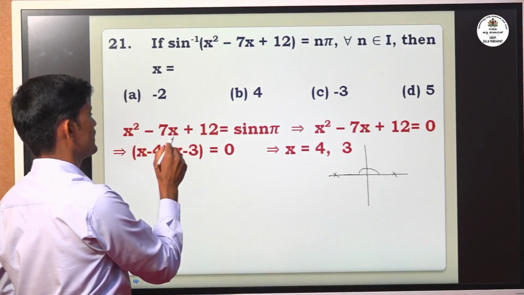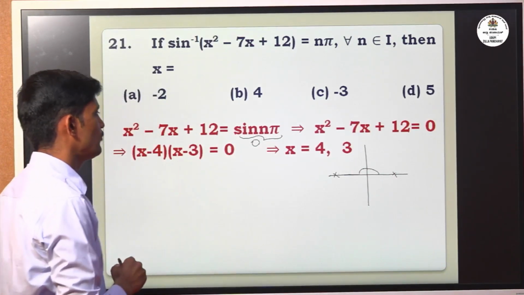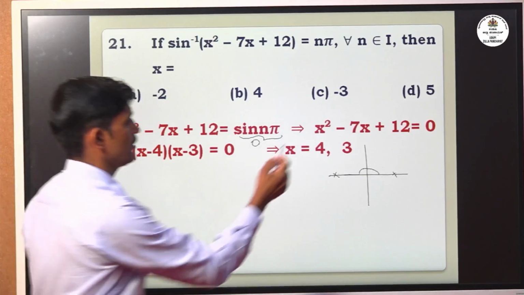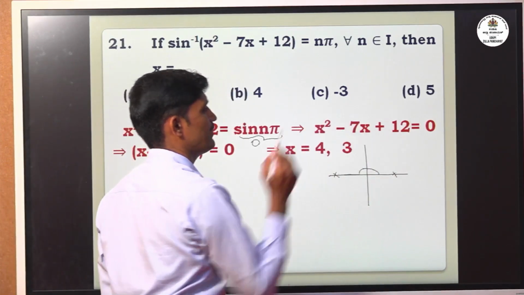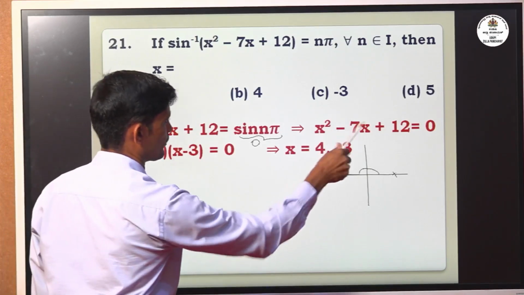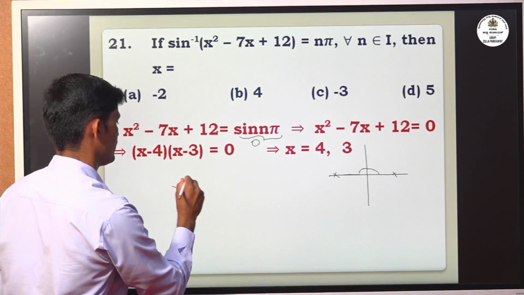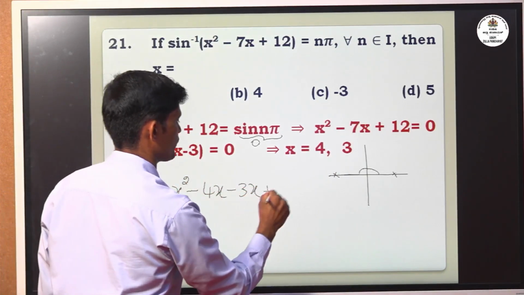So x square minus 7x plus 12 equals 0, this is the value. So factorize it and solve. x square minus 7x plus 12 equal to 0 means product is 12, sum is minus 7. What are the numbers? Minus 4, minus 3. x square minus 4x minus 3x plus 12, splitting the middle term.